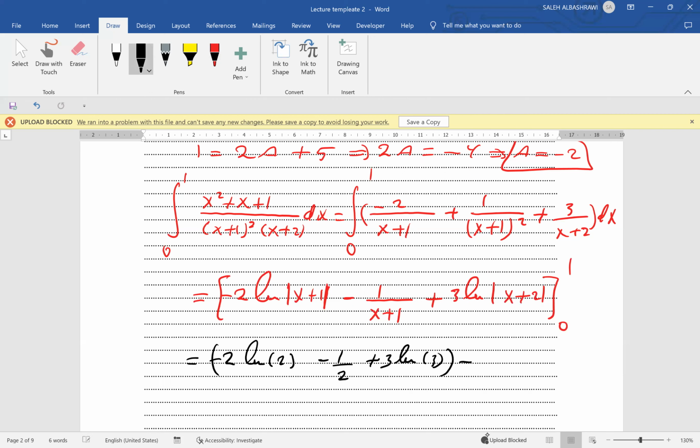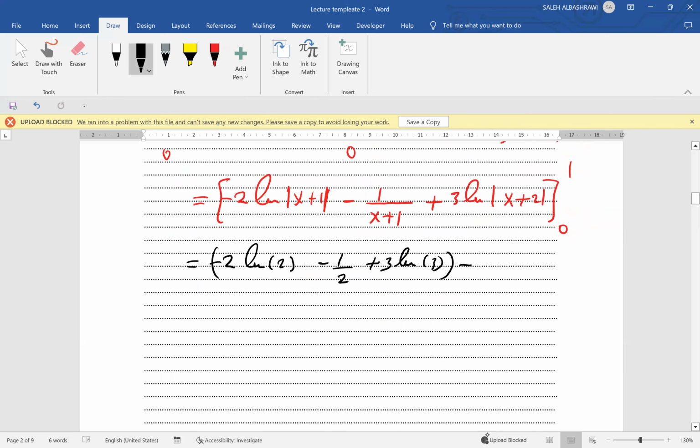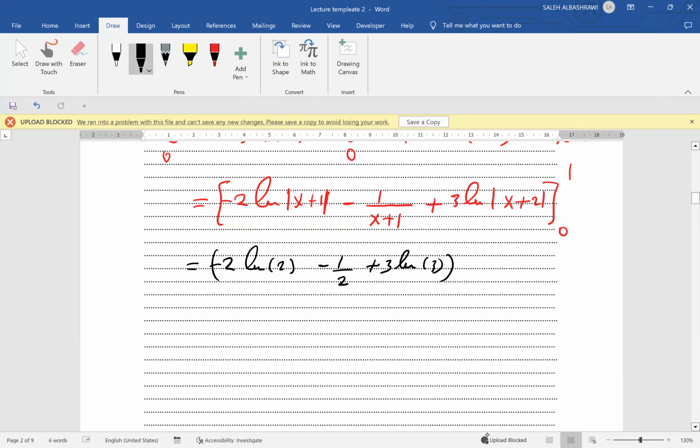Minus, now replacing by 0, this is minus 2 ln of 1 minus 1 over 1, plus 3 ln of 2.